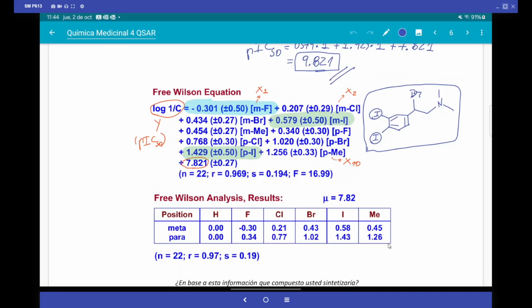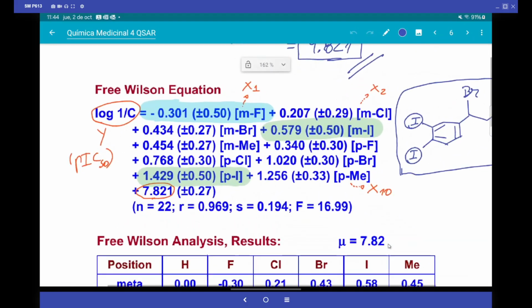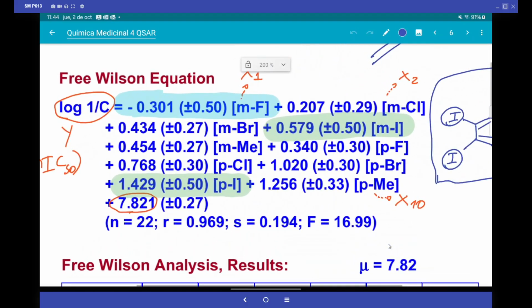Well then, the equation that we had found was this. This is the equation. And here we have some variables, for example, N was the amount of molecules, the quantity of molecules.